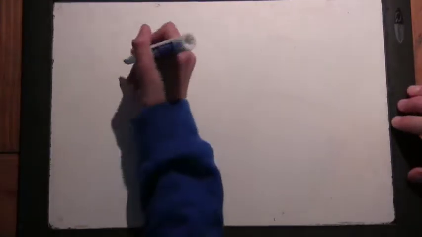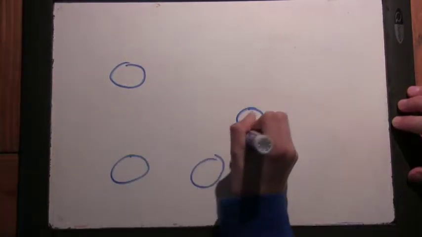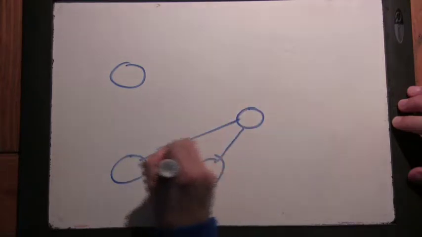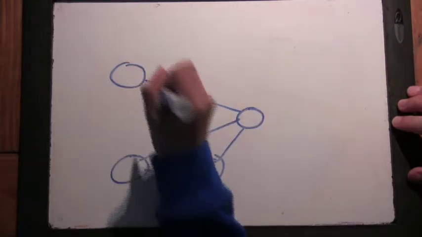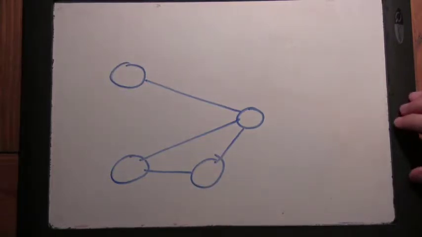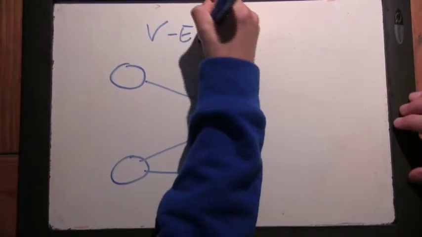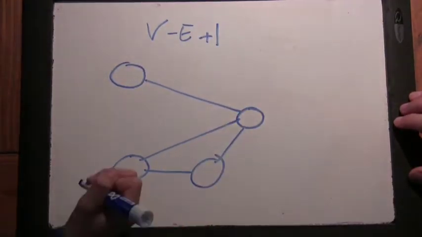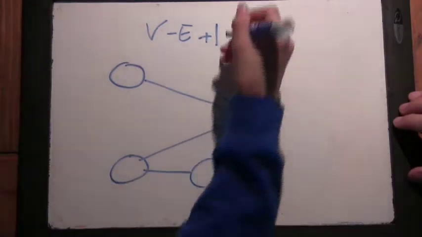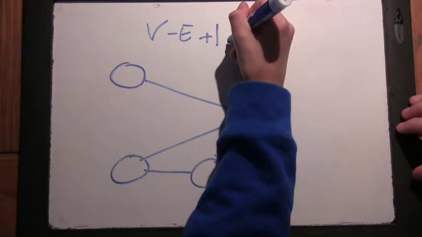So if you have a graph, and something like this, you look at the vertices minus the edges plus 1, or what, and then... Yeah, that's what they were doing.